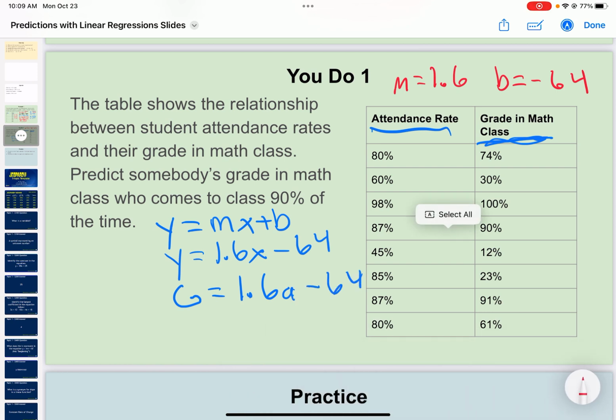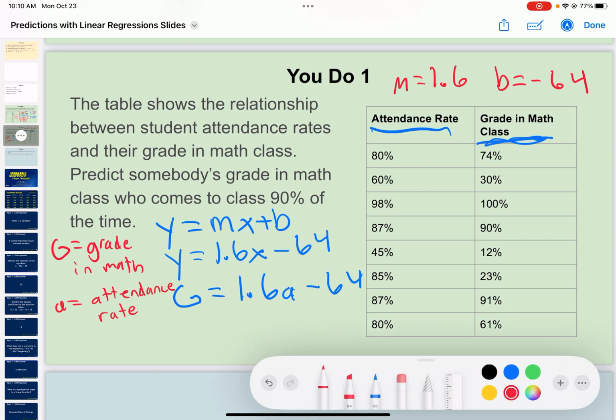I'll define my variables as G equals grade in math, A equals attendance rate. And so now that I have this equation, I better understand the relationship between your grade and your attendance in my class.